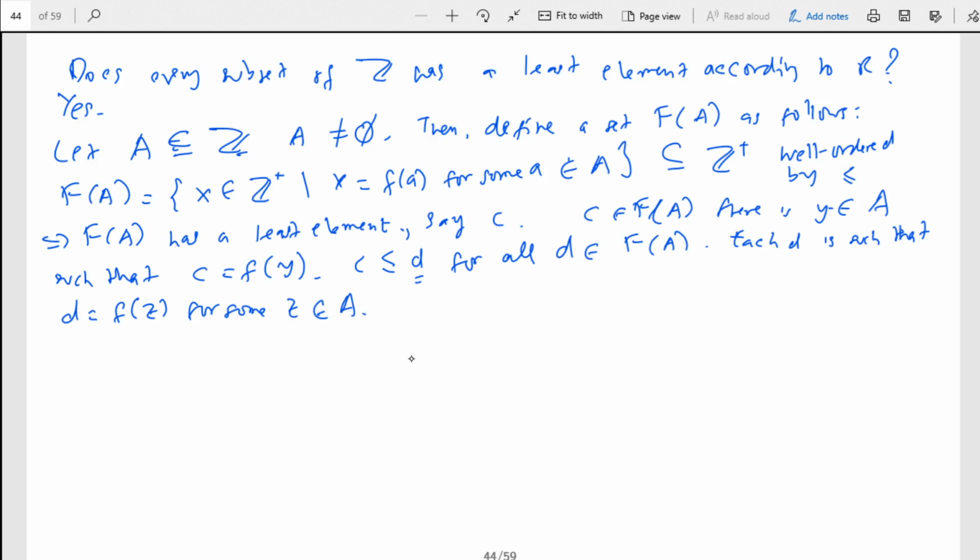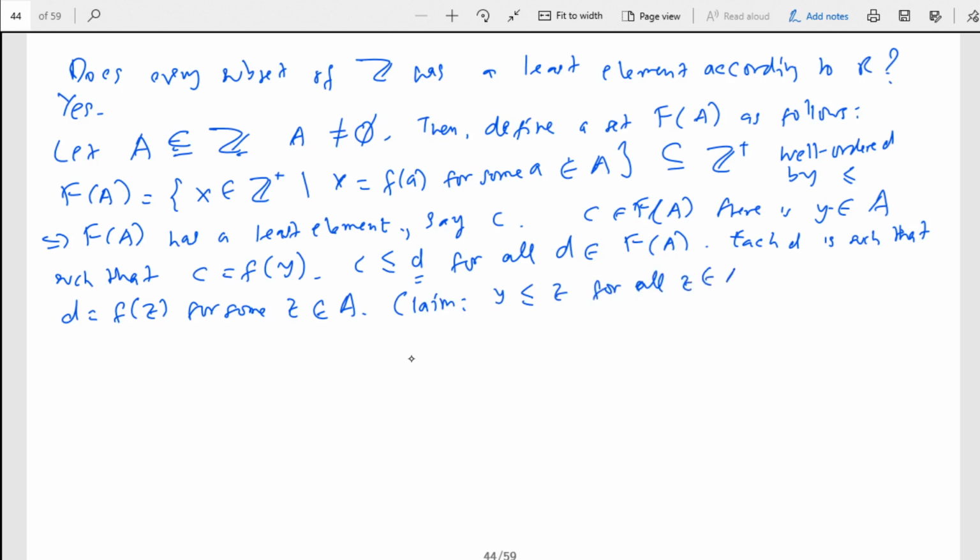So what we want to show is actually, our claim is that y is less than or equal to z for all z, right?